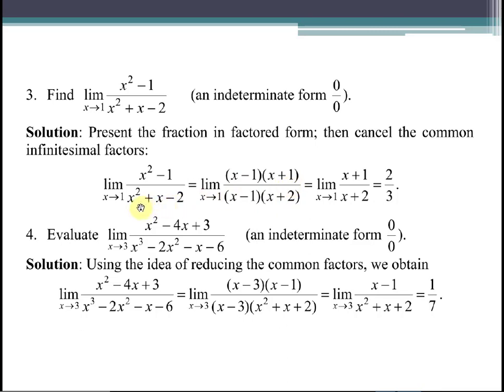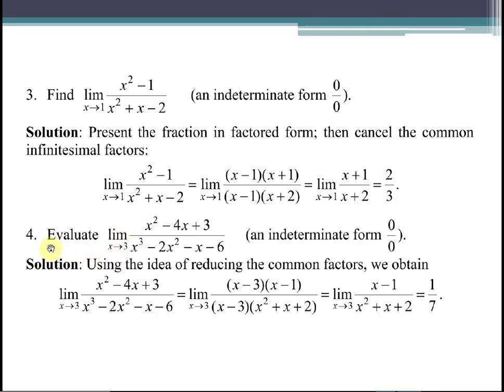And the denominator is factorized to x minus 1 and x plus 2, because the roots are minus 2 and 1. They are cancelled, x minus 1 and x minus 1. We have just x plus 1 over x plus 2. And now we don't have any indeterminate form, because if you put 1, we get the answer 2 over 3.